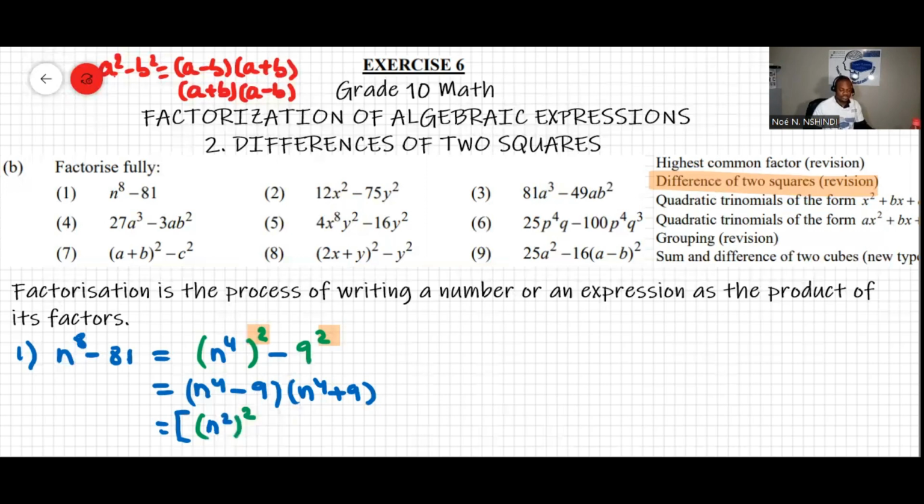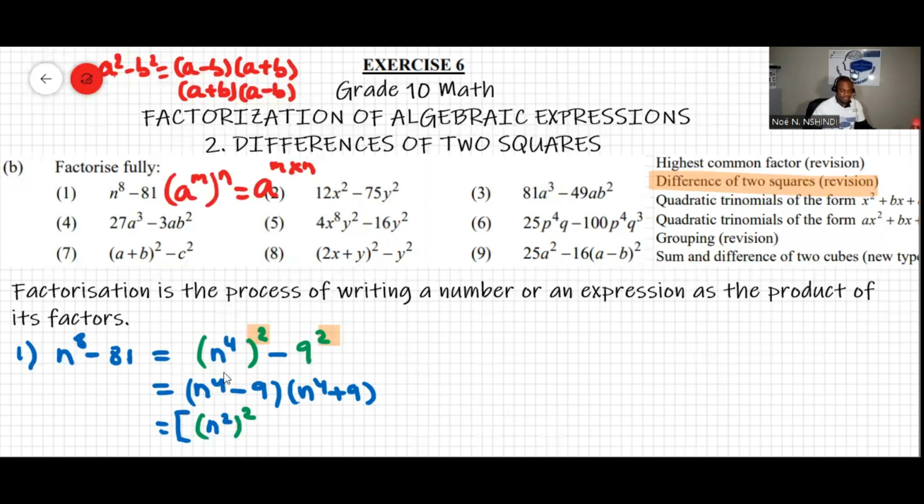Earlier in the previous exercise, we reminded ourselves of this law we learned in previous grades. It says a to the power of m, raised to the power of n, is equal to a to the power of m times n. So now n to the power of 4 can be written as n to the power of 2 to the power of 2, because when we multiply these exponents, we get the power of 4 there.